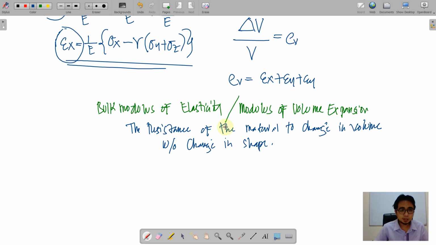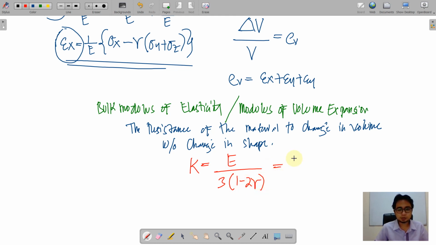So let me write here now the derived formula for K. Again, we will refer to modulus of elasticity because Hooke's law here applies. So E over 3, 1 minus 2 mu. Okay?